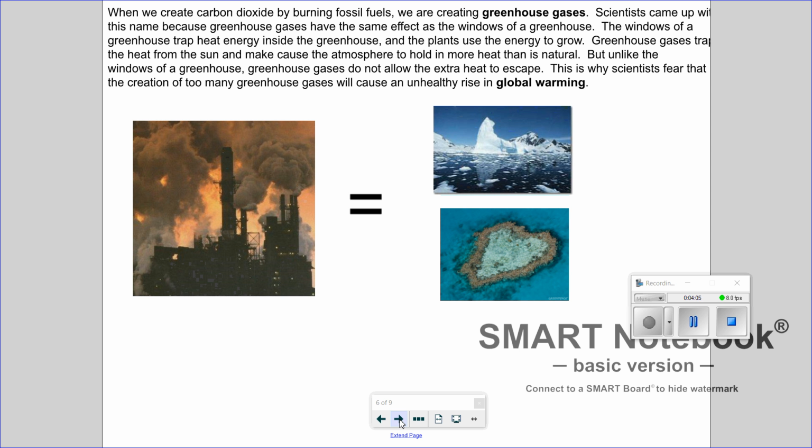Greenhouse gases trap the heat from the sun and cause the atmosphere to hold in more heat than is natural. But unlike the windows of a greenhouse, greenhouse gases do not allow the extra heat to escape. This is why scientists fear that the creation of too many greenhouse gases will cause an unhealthy rise in global warming.